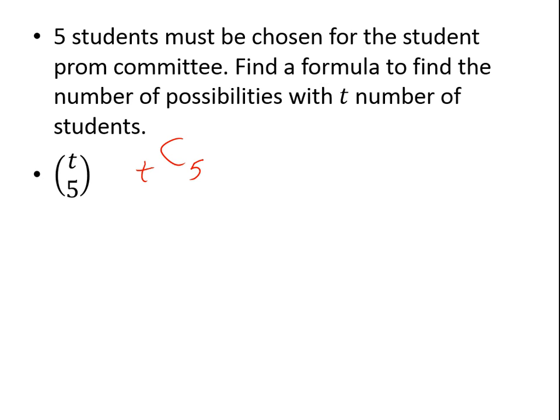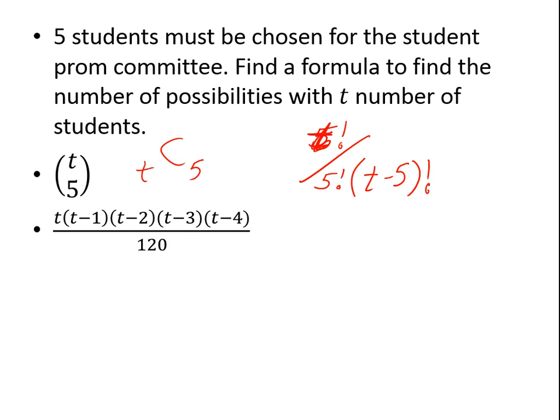You're just saying 5 students. So if we use that, we end up with T factorial over 5 factorial times (T minus 5) factorial. Okay, and that would be our formula.